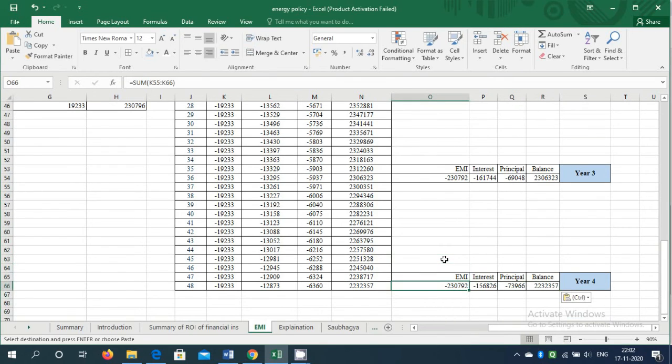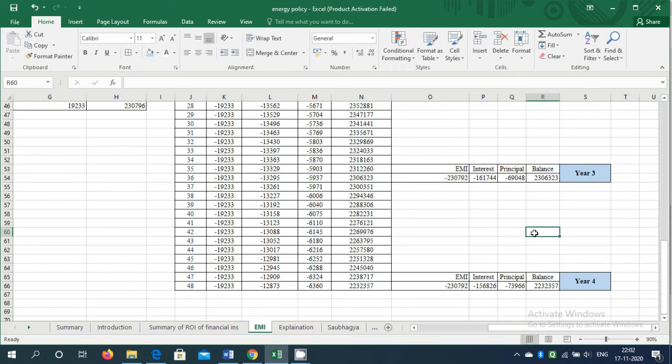If you see over here, sum of K, I'll double click. See, from 37 to 48 months, interest is also calculated for 37 months to 48 months. Similarly, principal is also calculated for 37 to 48 months. Balance is, this was the balance.